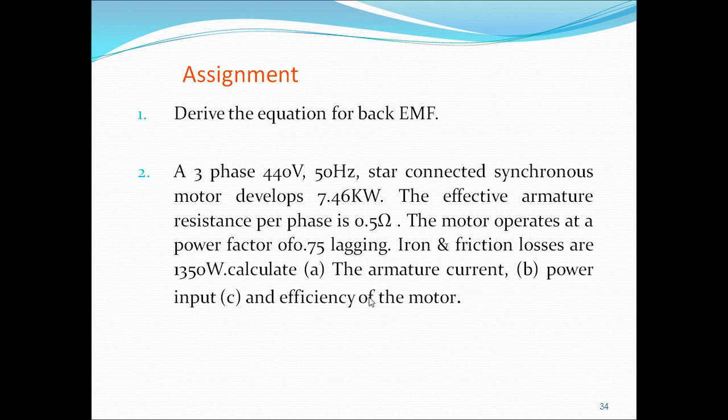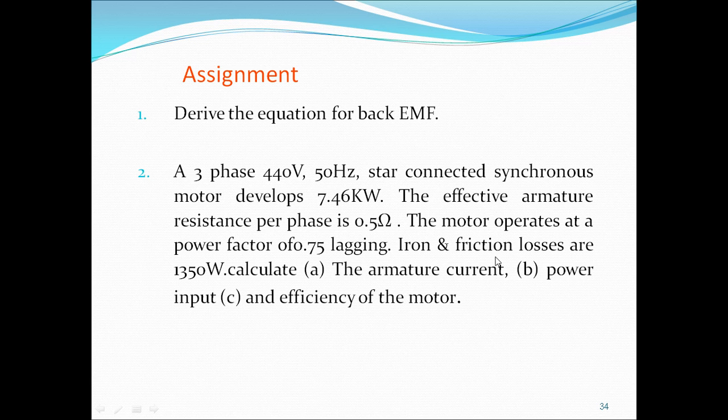Next one is a problem. Note down this problem. A three-phase 440 volts 50 Hz star connected synchronous motor develops 7.46 kilowatts. The effective armature resistance per phase is 0.5 ohms. The motor operates at a power factor of 0.75 lagging.